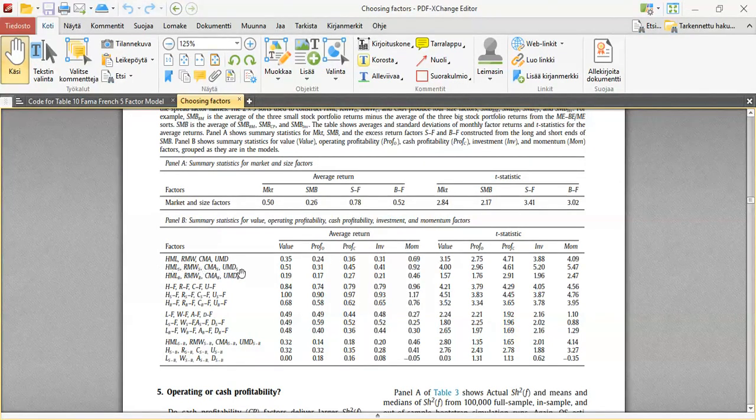In the next row, you see the corresponding factor spreads using small stocks only. If you use just these small stocks and implement the value factor among the small stock universe, the payoff is much higher compared to the whole universe of stocks.